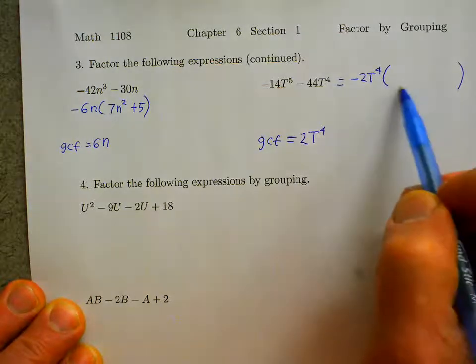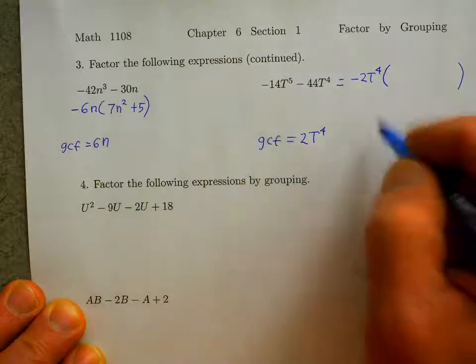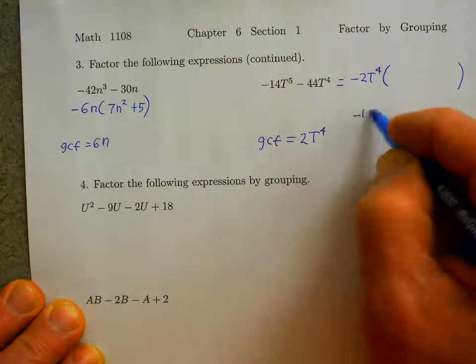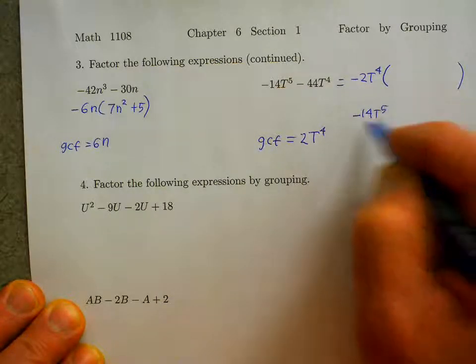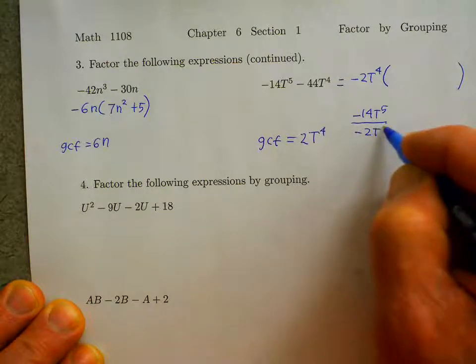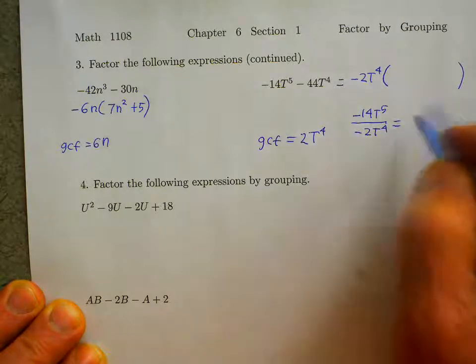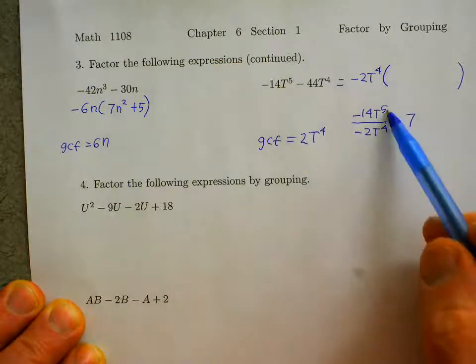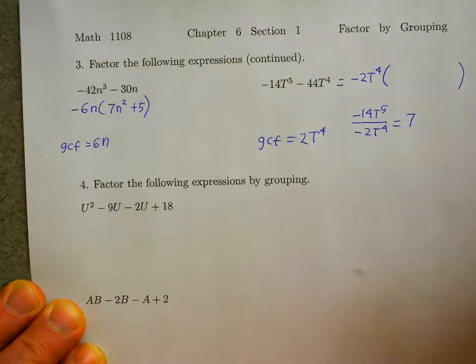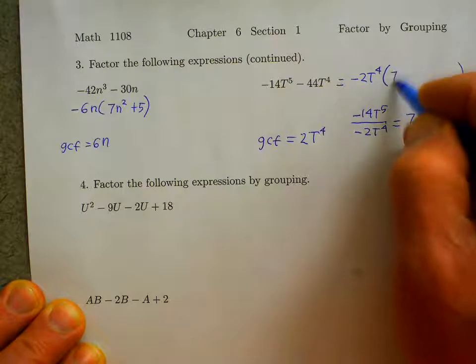The first term in the parentheses is what we get when we divide negative 14 t to the 5th by negative 2 t to the 4th. Negative 14 divided by negative 2 is 7. T to the 5th divided by t to the 4th is t to the 1st, or just t. So 7 times t.